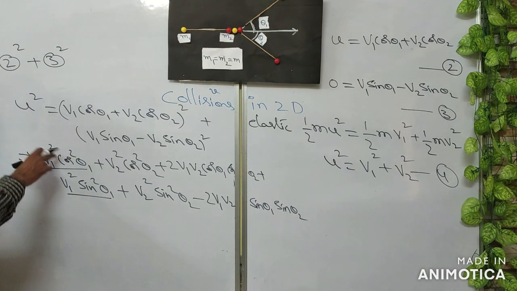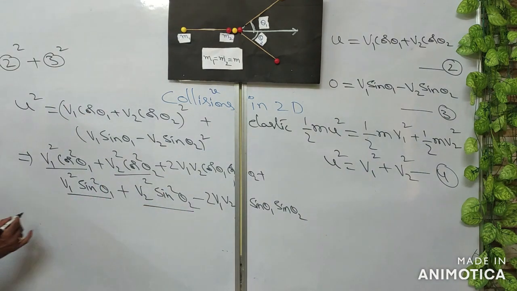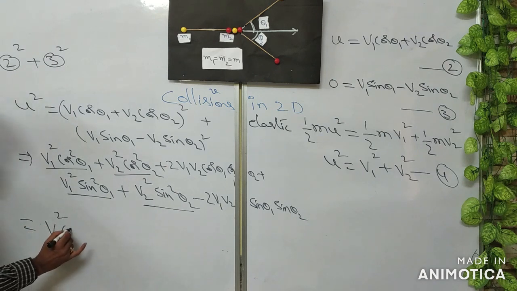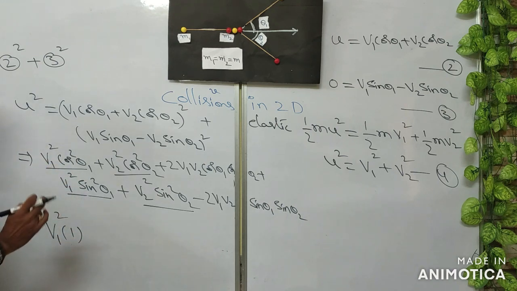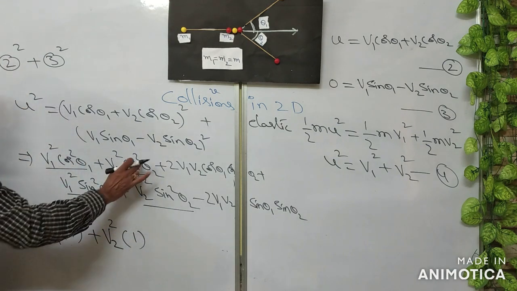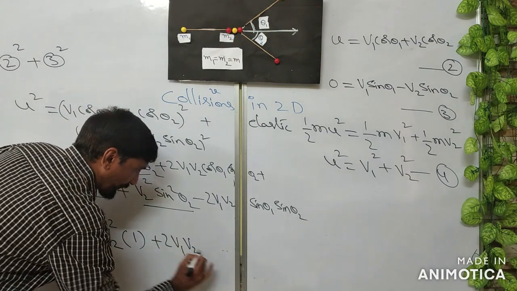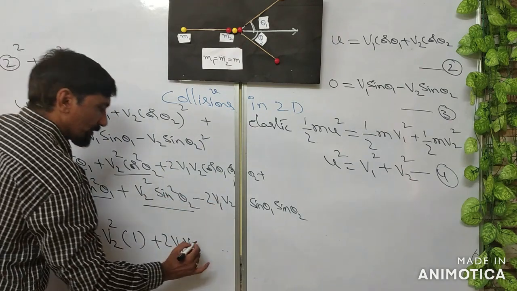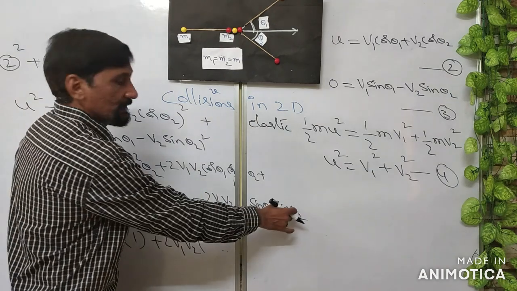In these two terms v1 square is common, and in these two v2 square is common. So when you further simplify, v1 square times cos square theta 1 plus sin square theta 1 is v1 square into 1, plus v2 square into 1, plus 2v1 v2 common, cos theta 1 cos theta 2 minus sin theta 1 sin theta 2.